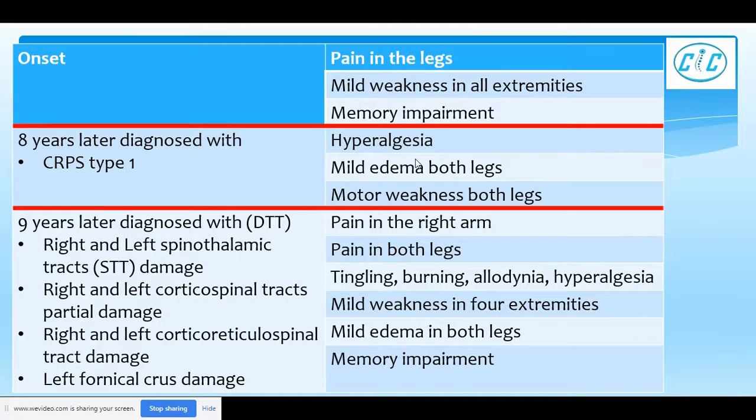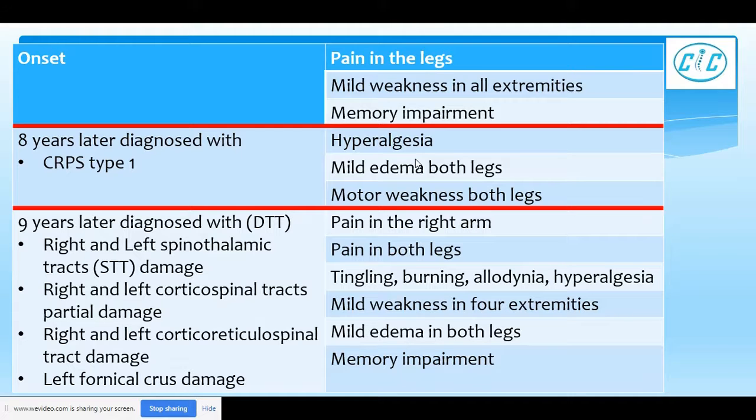So again, the pain in the right arm is the scenario for that. Nine years later after the trauma the patient suffered, there is also pain in both legs, and both of those are dealing with sensory dysfunction, more general than one region.